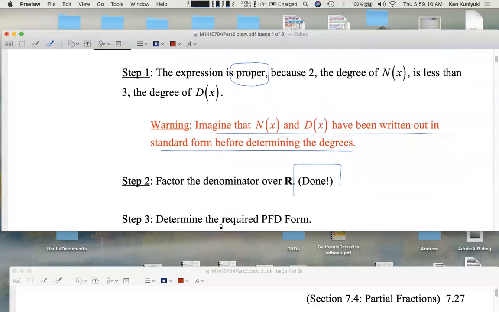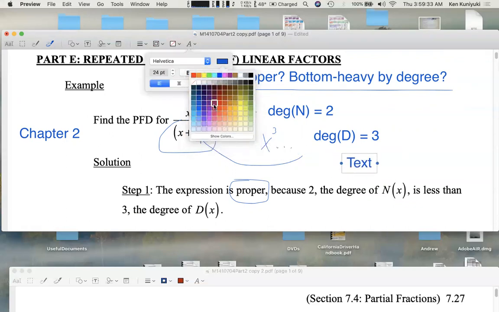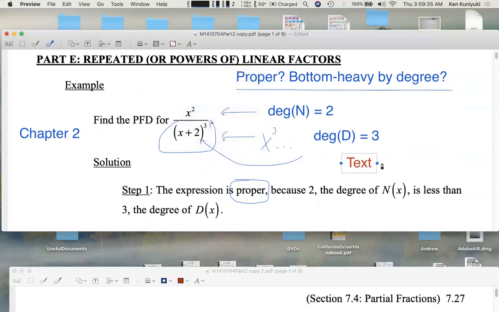Step 3, determine the required PFD form. Now, this is going to get a lot of people in trouble, but you have to know what the PFD form is if you have any chance of getting this problem correct. How do we deal with repeated linear factors? Remember, the key idea is that with the denominators, you run up to the power.